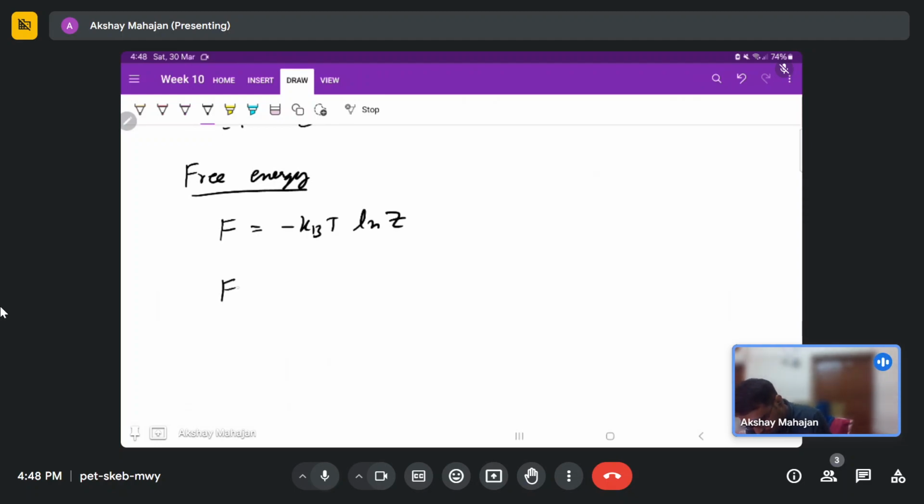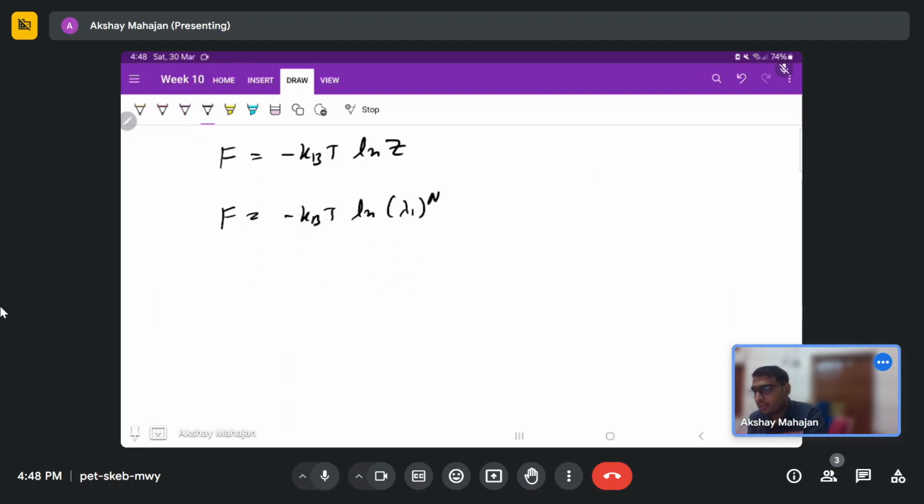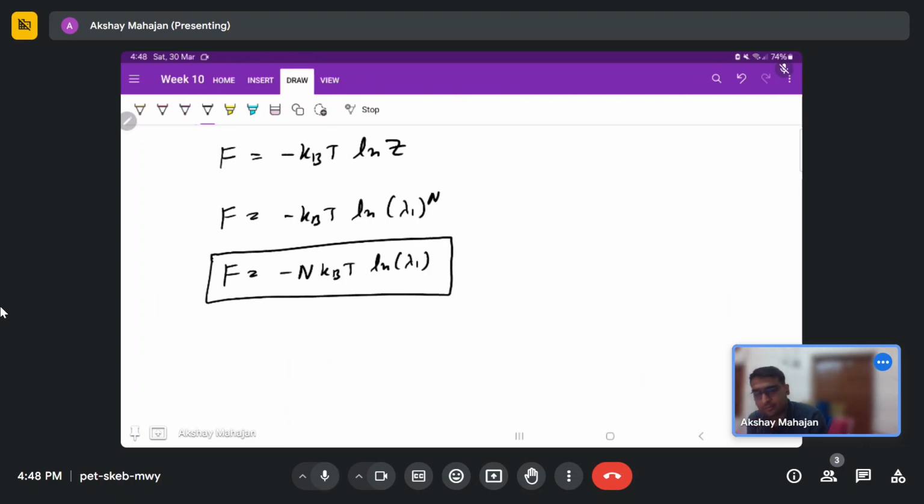So F will be equal to minus kBT ln of lambda 1 to the power n. So free energy will be equal to minus n kBT ln lambda 1. This is our free energy.